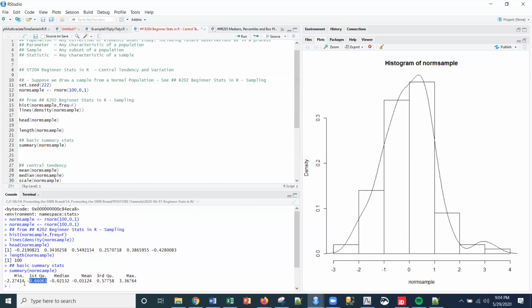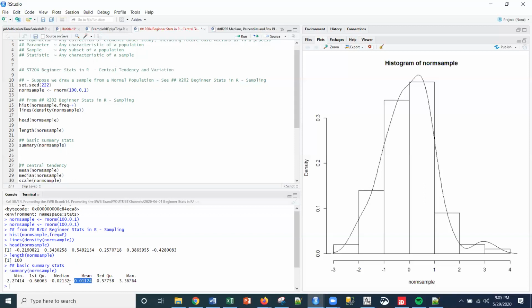In other words, if you were to order these from low to high, this would be the very lowest, this would be the very highest, and this would be the 25th value out of these 100 observations. This would be the median, or the 50th value in that ordered set of observations. And then this is the 75th percentile. And then this is the mean, which is the average. You sum up all the observations, divide by the number of observations, and you get the mean.